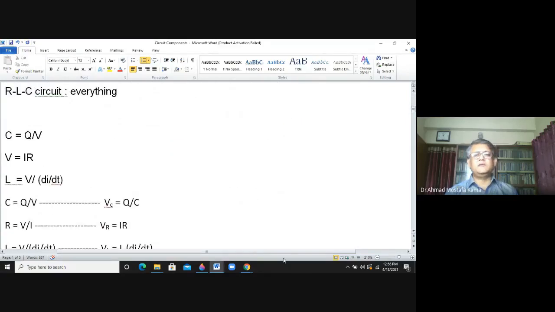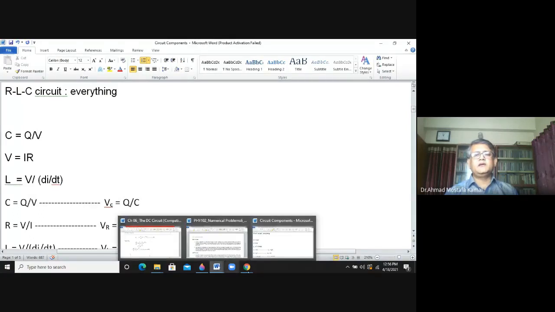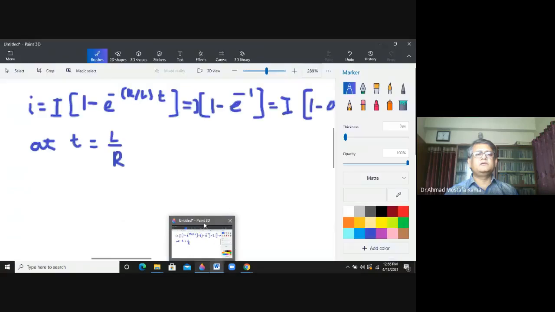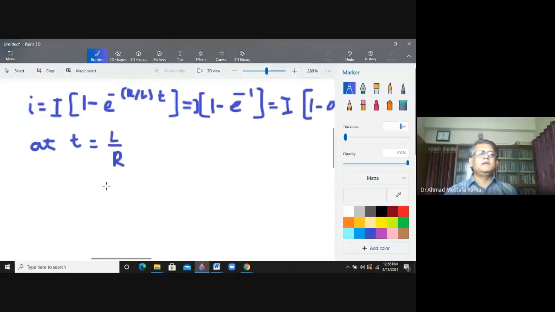L equal to V divided by di by dt. So let me write that for L, V divided by di by dt.